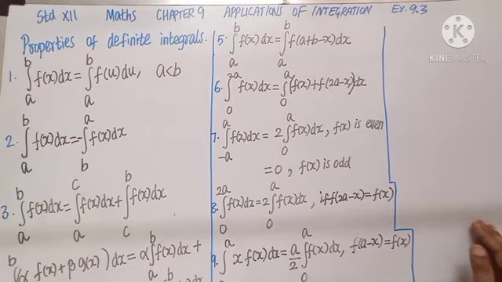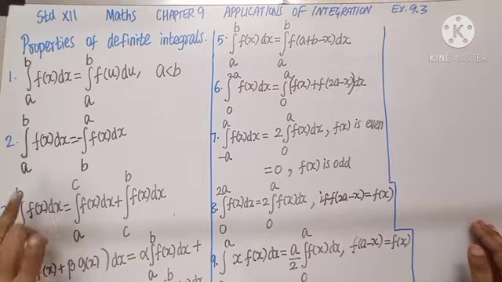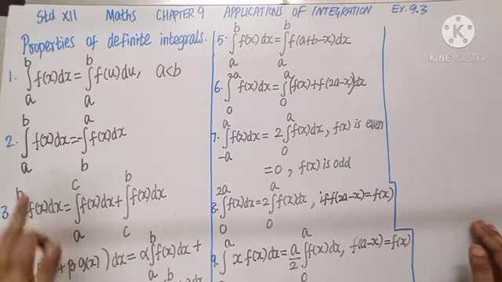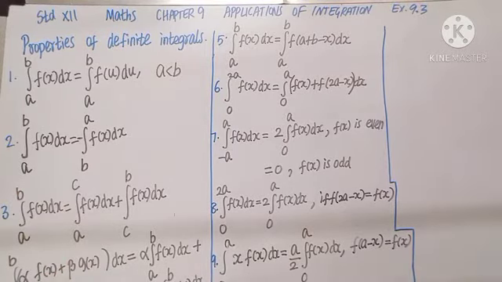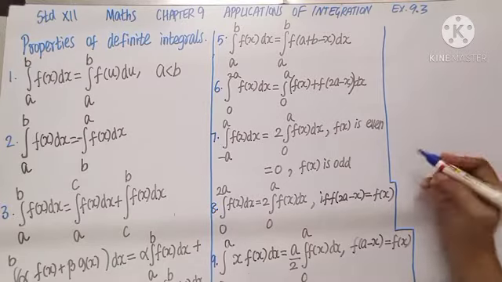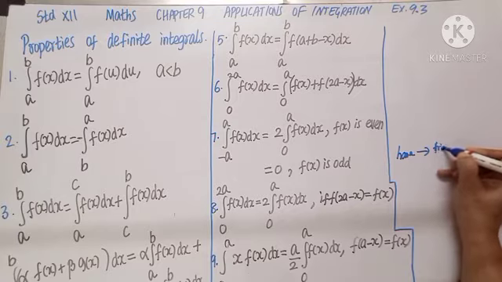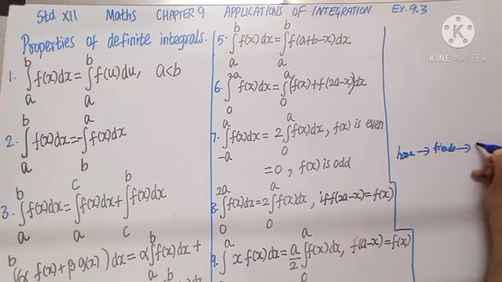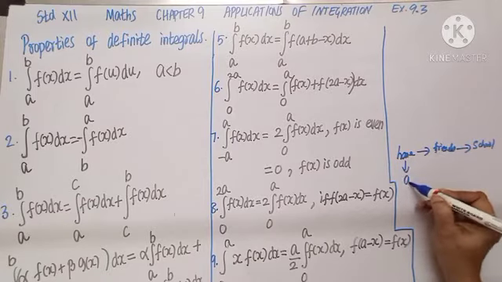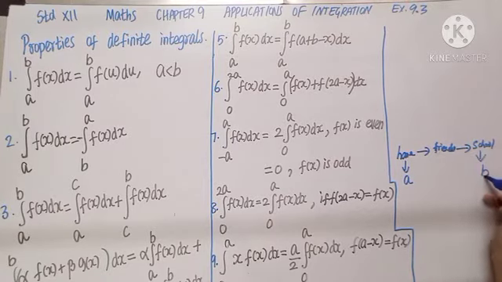The third property: a to b, if I want, I can split like this. Again, you start from home, you reach your friend's place and then you go to school. So the starting place is a, the ending place is b.